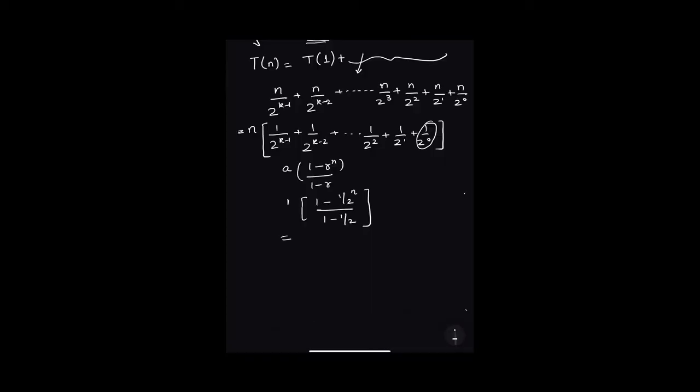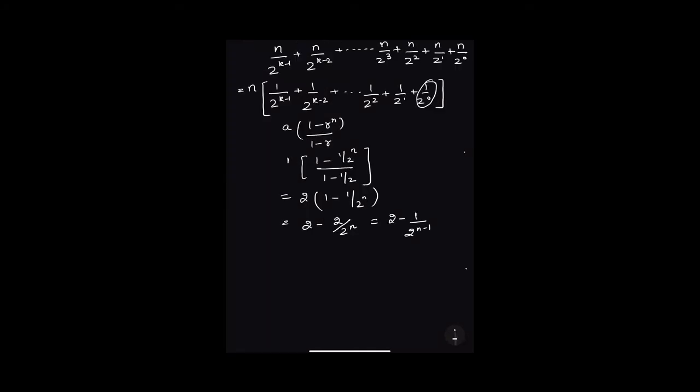So this will become, as 2 will go up, 1 minus 1 upon 2 raised to the power of n. This will become 2 minus 2 upon 2 raised to the power of n, which equals 2 minus 1 upon 2 raised to the power of n minus 1.